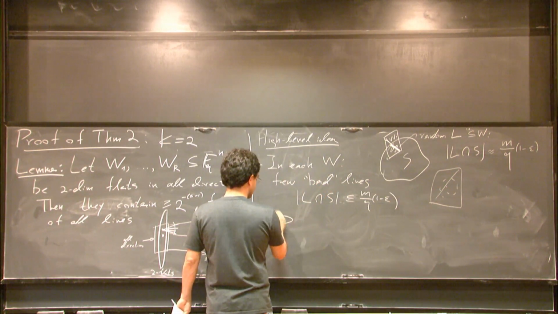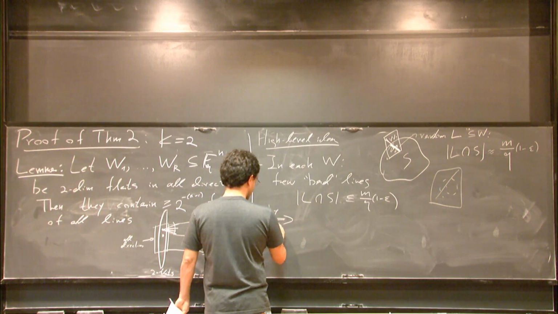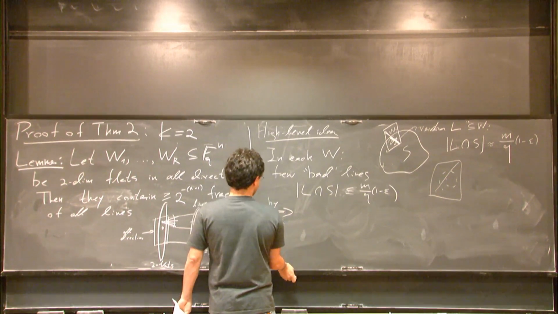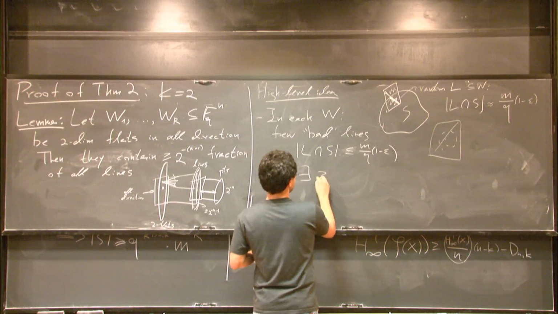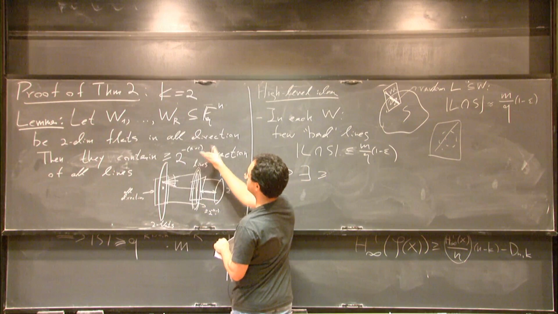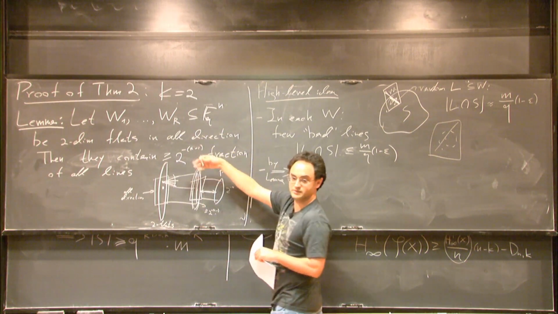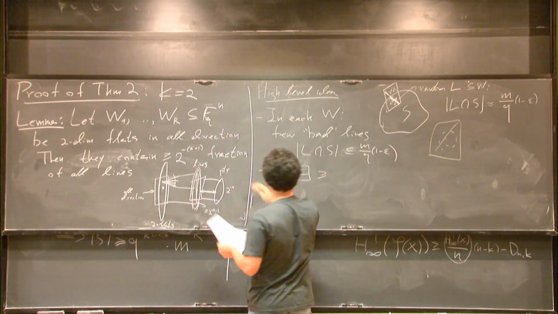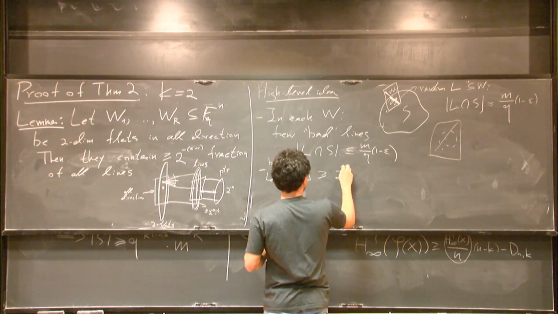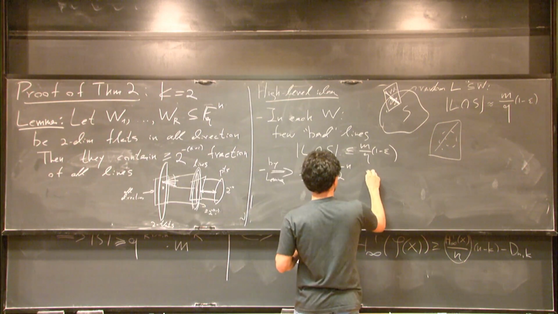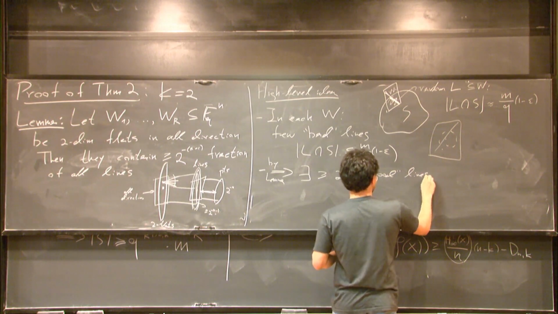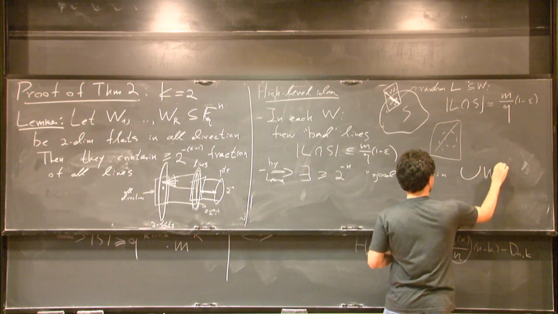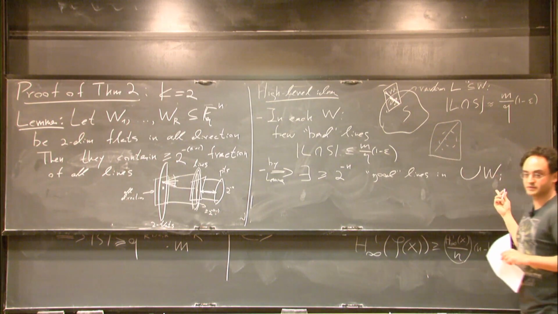So by this lemma, here we have a 2 to the minus n over 2 fraction, but maybe half of them are bad, so the other half will be good. So there exist at least 2 to the minus n good lines in the union of the WI.